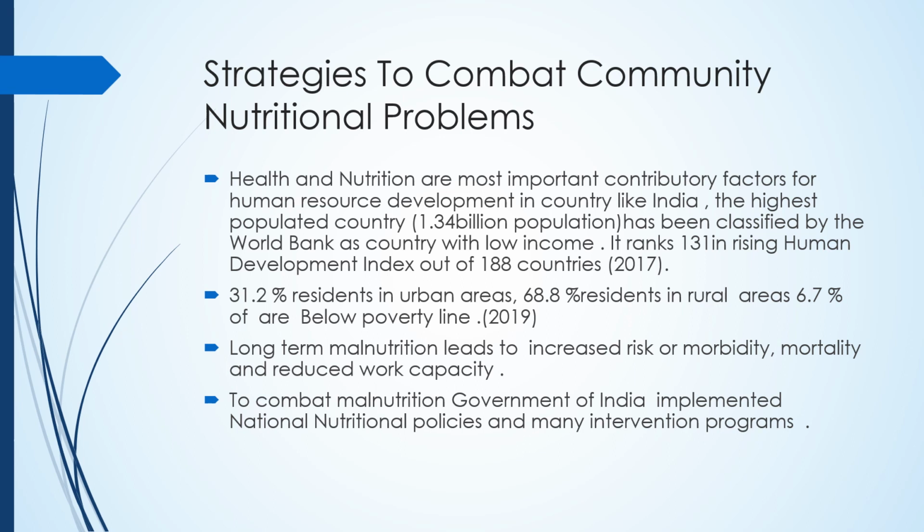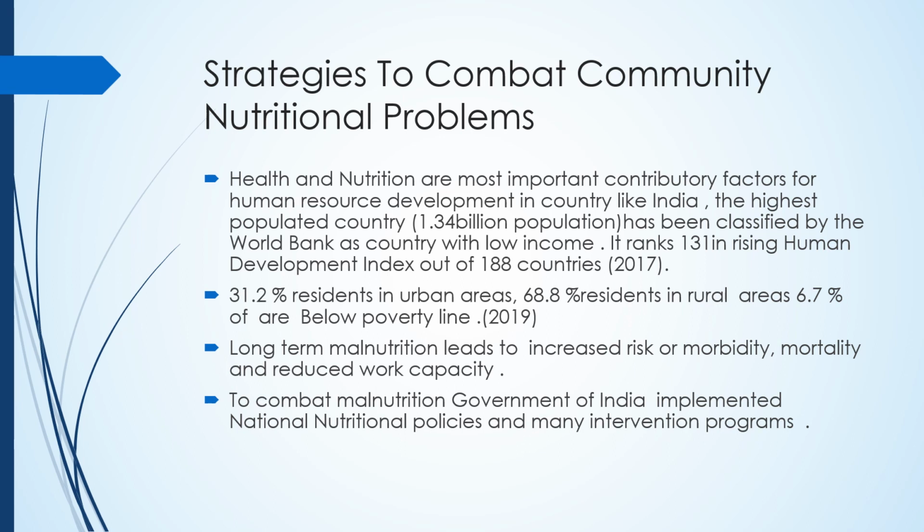Health and nutrition are the most important contributory factors for human resource development in a country like India, the highest populated country with 1.34 billion population, which has been classified by the World Bank as a low income country, standing 131 in the Human Development Index out of 188 countries, the data from 2017.